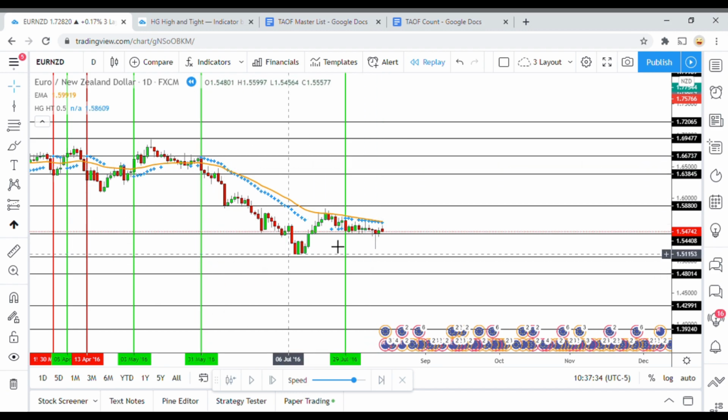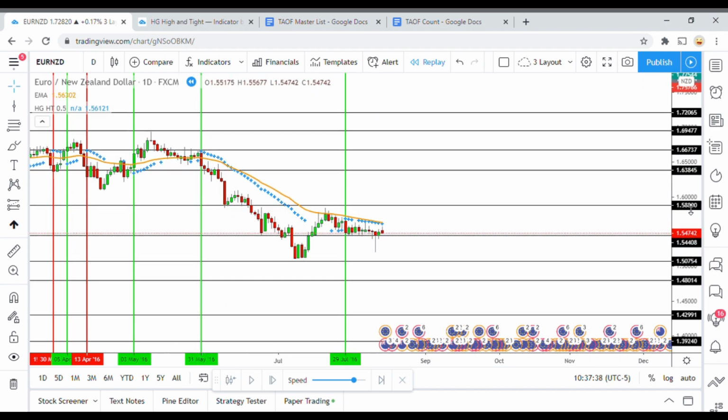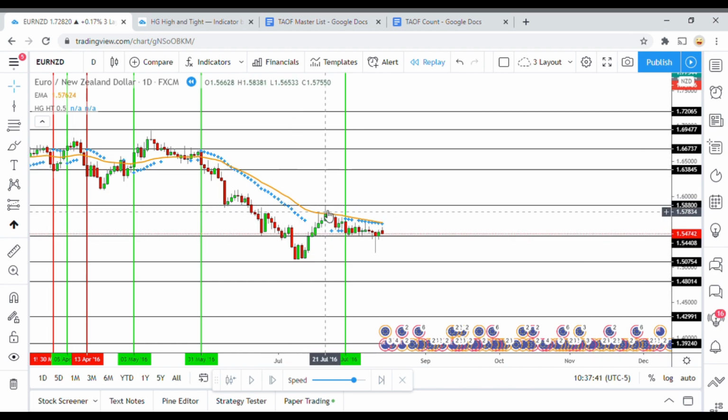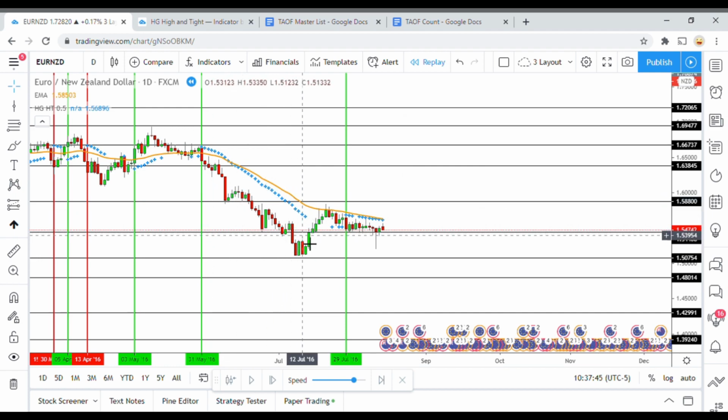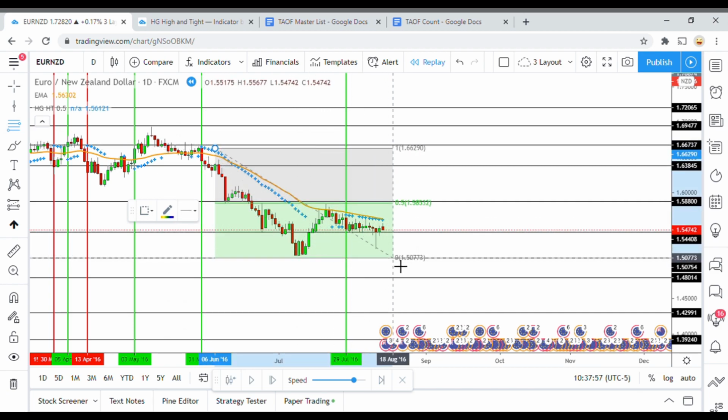So not too bad. Oh, and again, you could keep an eye on Fibonacci levels. I don't think this one quite made it to the 50% retracement. It looks a little shallow, but depending on where you would have drawn it off of, technically speaking, this would have been the point up here that you would have drawn your Fibonacci level off of.